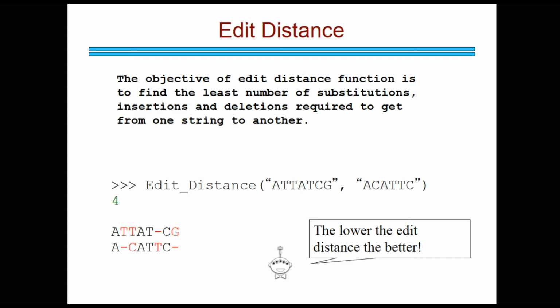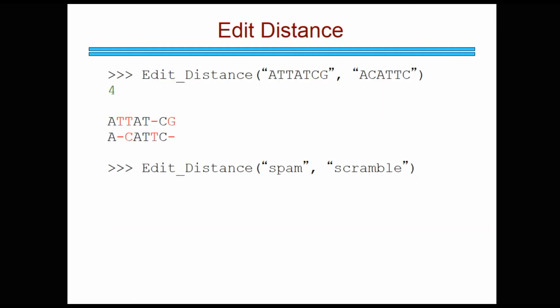The first T character we need to remove from the first string, and then we need a substitution to convert T to C in the other string, and then the A and T characters are the same, therefore we don't do anything. At the end we need an insertion of T and a deletion of the G to convert the first string into the other.